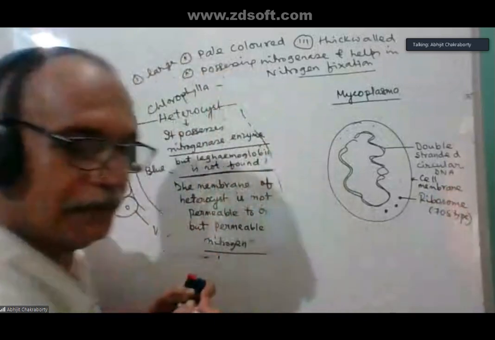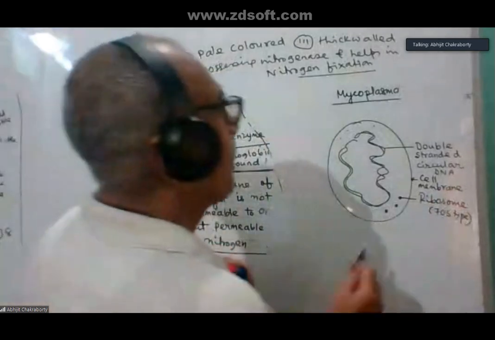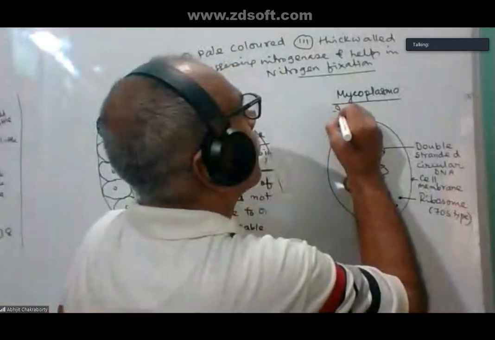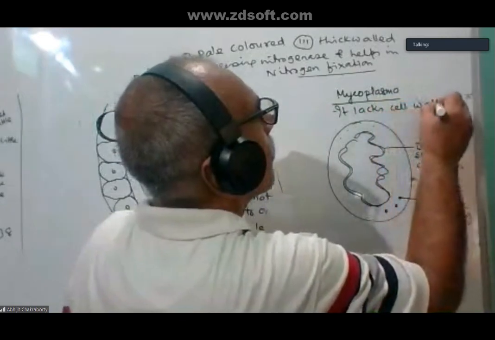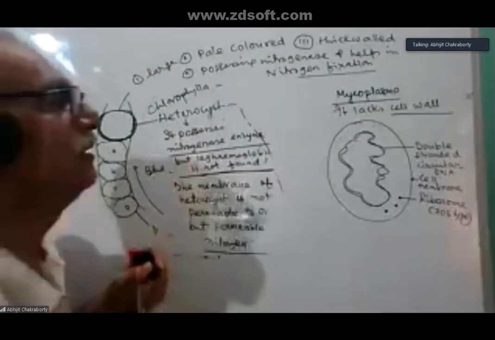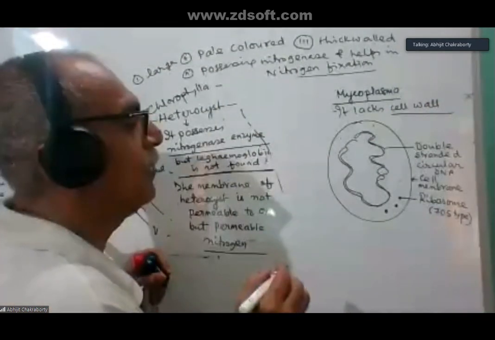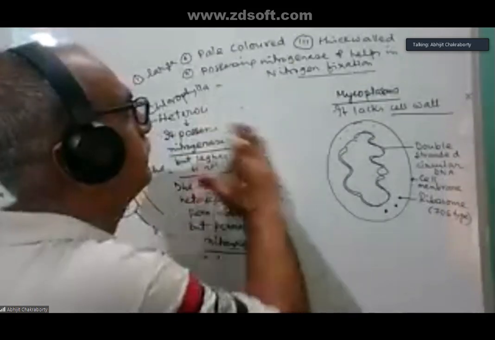Remember this thing, Mycoplasma lacks cell wall. It lacks cell wall. Cell wall is not present here. So this is what the mycoplasma are, and you need to remember one thing.